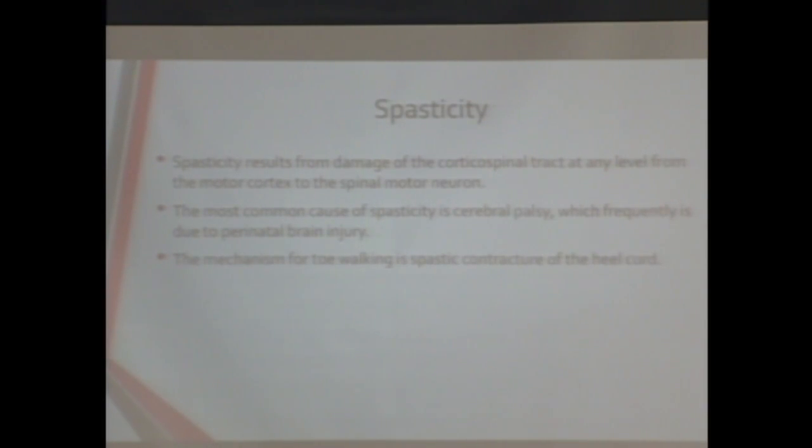The mechanism for toe walking in that case is spastic contracture of the heel cord. So again, some of these are just acknowledging that there are significant physiologic differences as to why these kids toe walk if you're looking at idiopathic versus diplegic CP.